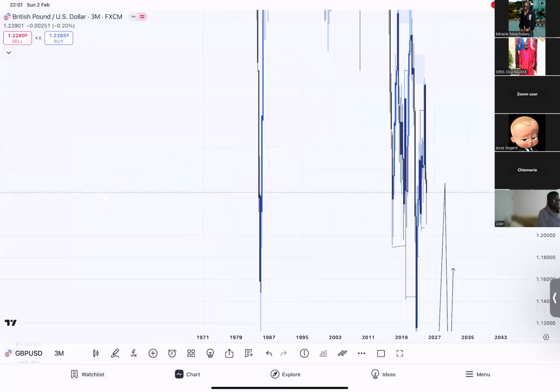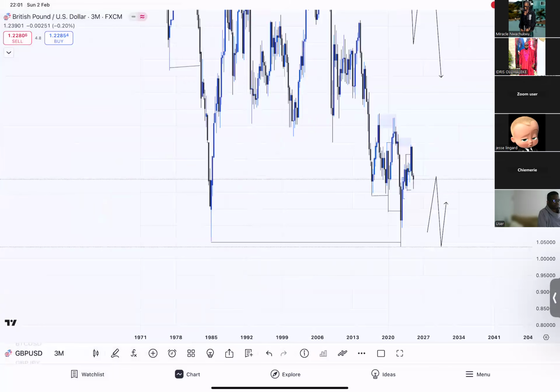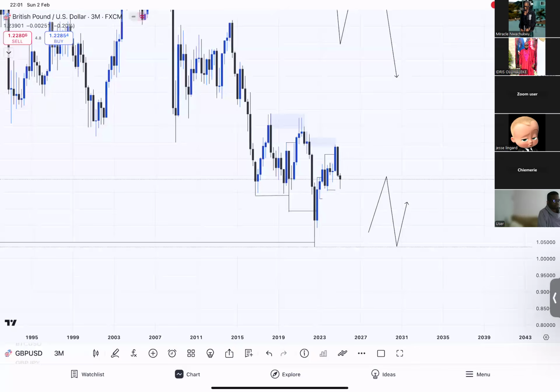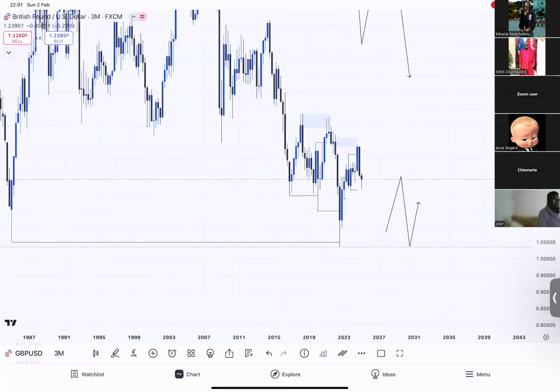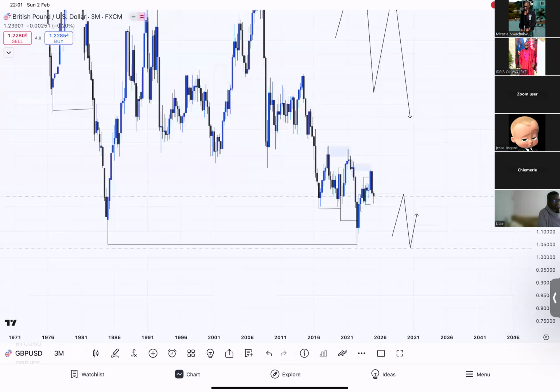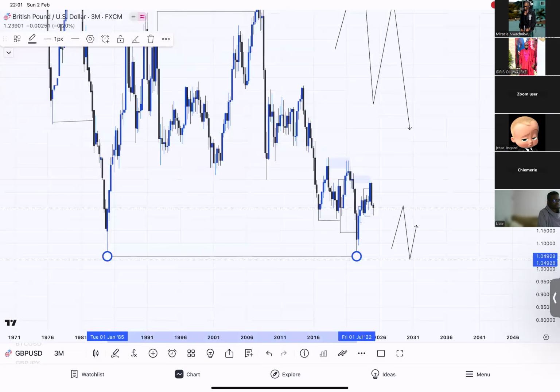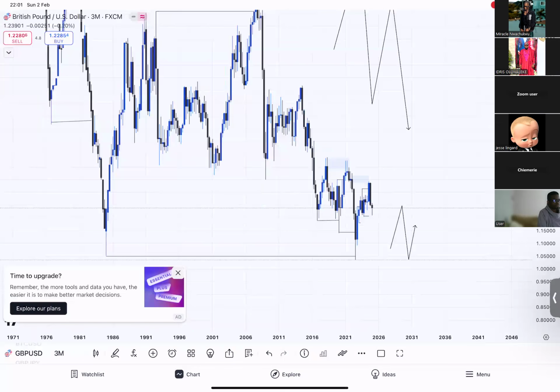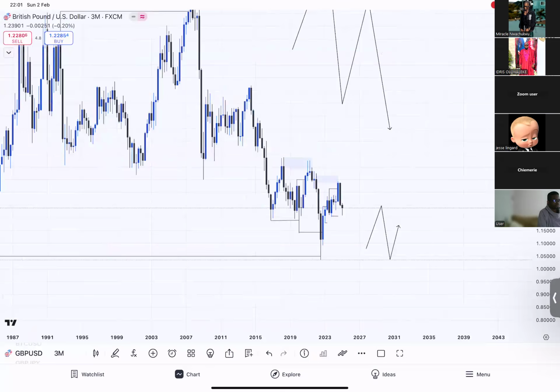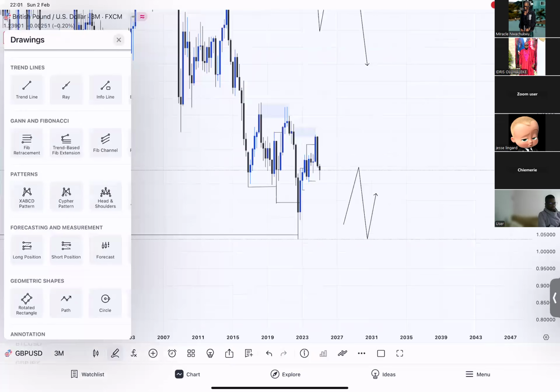You saw how I analyzed this pair. Now, what am I looking at for this? This is an overall low that the market took out. So what I'm expecting is that the market can actually just buy after this sell.